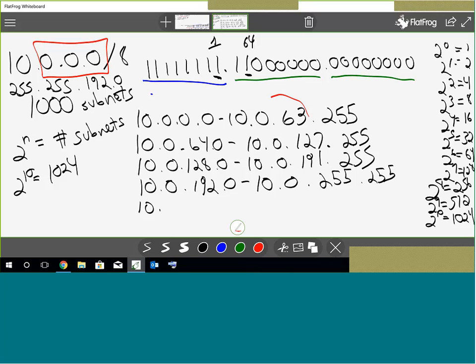So now we go over to the second octet and roll it by the variable. The value here is 1, right? So now this is the next subnet in the range, and so on and so forth until you have 1,024 subnets.